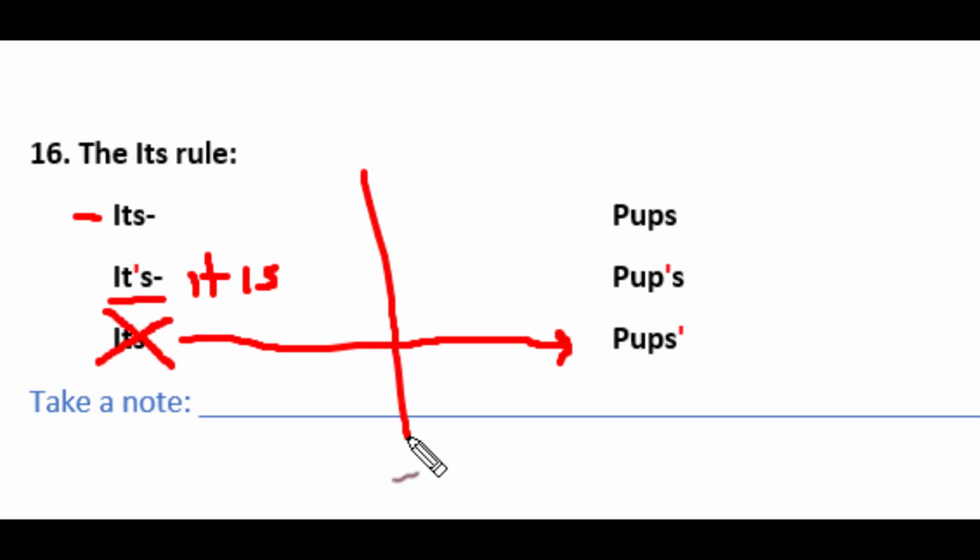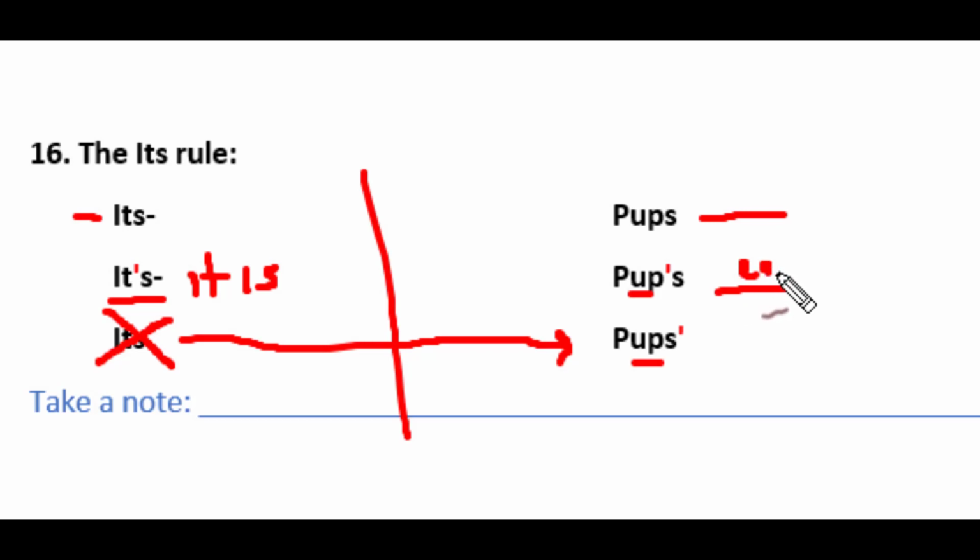Now, over here, the confusion, pups, this is plural, no possession. This is a mini name tag, singular possession, and this is plural possession. Possession always occurs on the right-hand side. The pups ears. Do pups own their own ears? Yes, they do. All right.